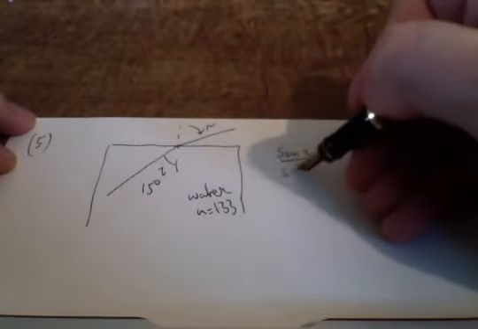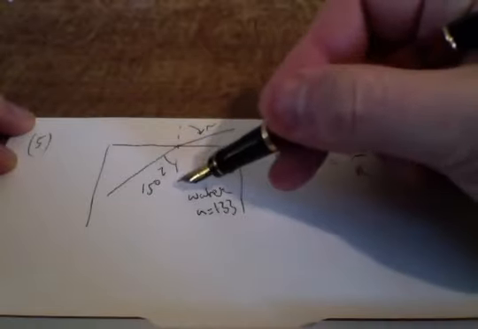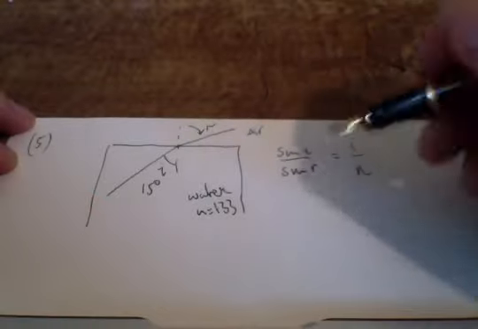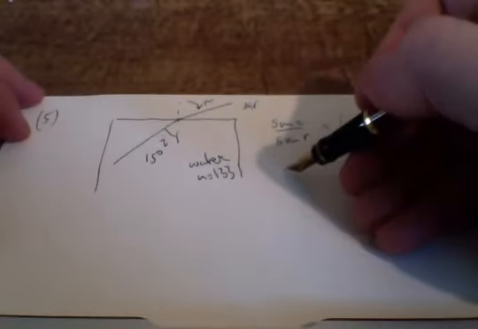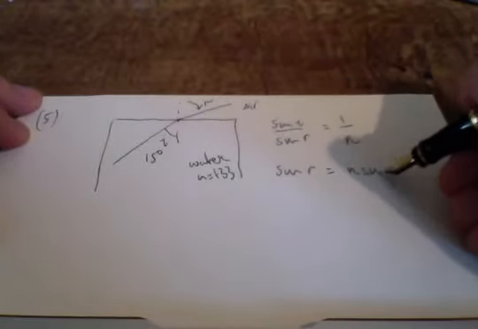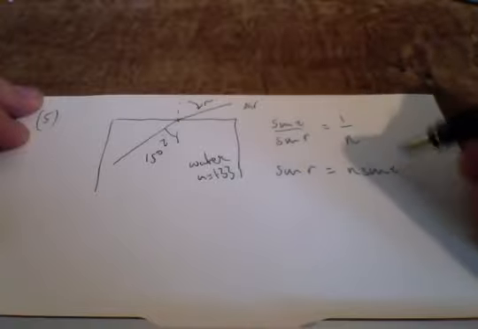Sine i over sine r is now 1 over n because we're moving from more optically dense out to less optically dense air. So now we want to rearrange to get r. Let's see if we can do this. This moves up, that moves up.